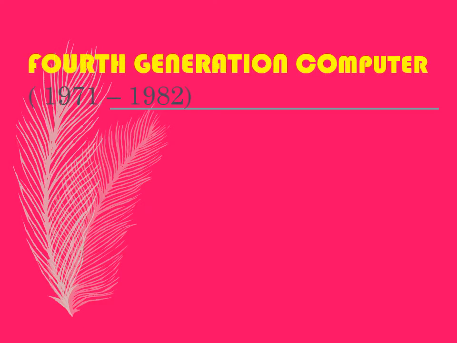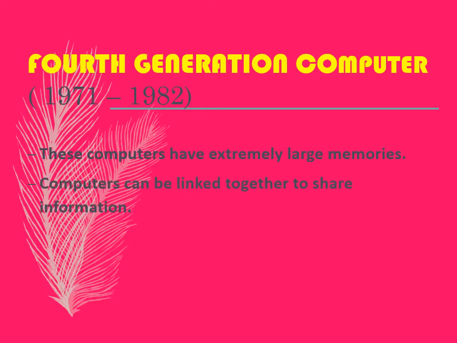Moving on towards the fourth generation computers, they were during the period 1971 to 1982. These computers were having extremely larger memory capacities to store information and data within themselves. And the most important thing, the computers can be linked together to share information.